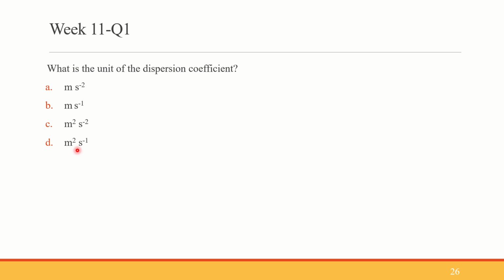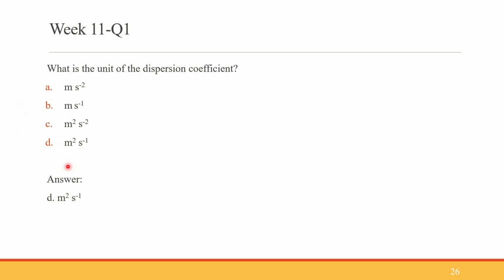So we'll start with week 11 problems now. The first problem is: what is the unit of dispersion coefficient? Option A meter per second square, option B meter per second, option C meter square per second square, option D meter square per second. So the answer is meter square per second.